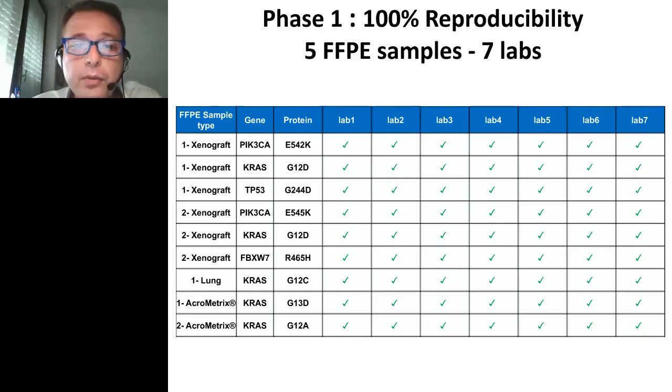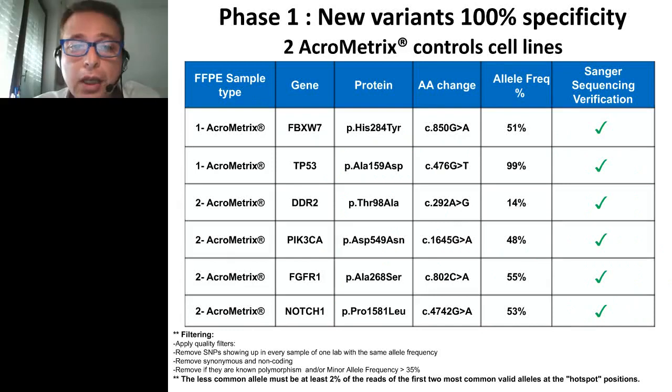These samples came from the University of Verona, and they have been characterized for KRAS, EGFR, and beta-catenin mutations, and we were able to identify all the expected mutations, in particular 5 KRAS, 3 EGFR, and 2 beta-catenin mutations. Of course, we identified also other variants that we are now confirming with orthogonal techniques.